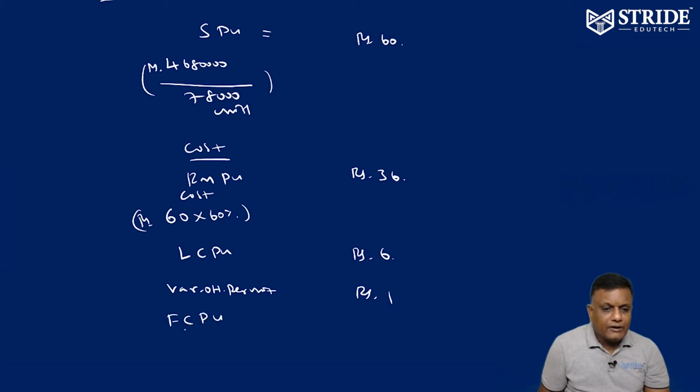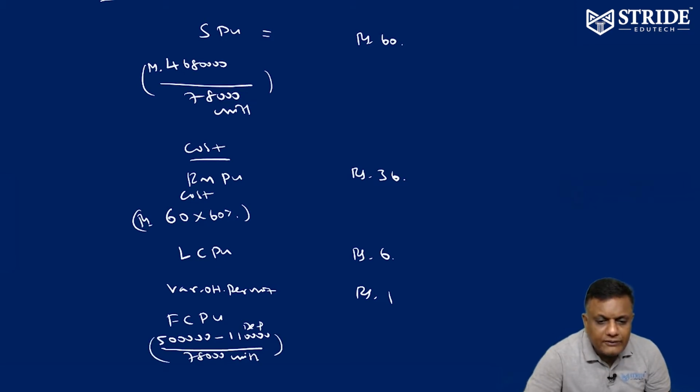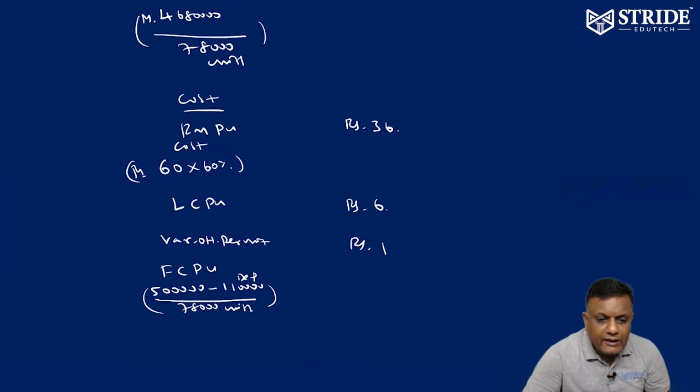Fixed cost per unit, that is equivalent to 5 lakhs total fixed cost minus 1,10,000 depreciation, divided by 78,000 units. You will be getting fixed cost per unit. 5 lakhs minus 1,10,000 is 3,90,000.